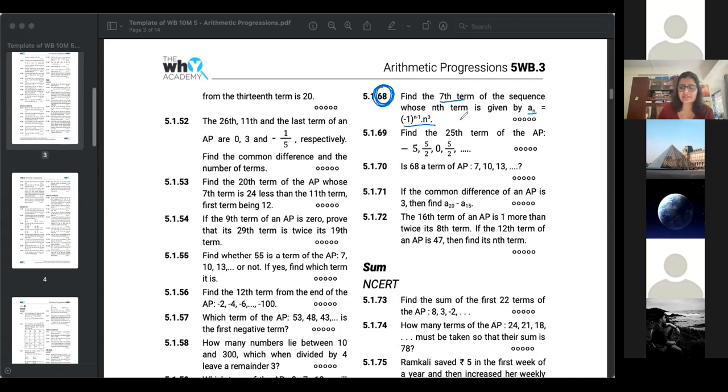If the exponent is hard to see, let me know. I'll zoom in. Otherwise, start solving. Mansi, you said yeah. Yeah, ma'am, you zoom in. Okay.